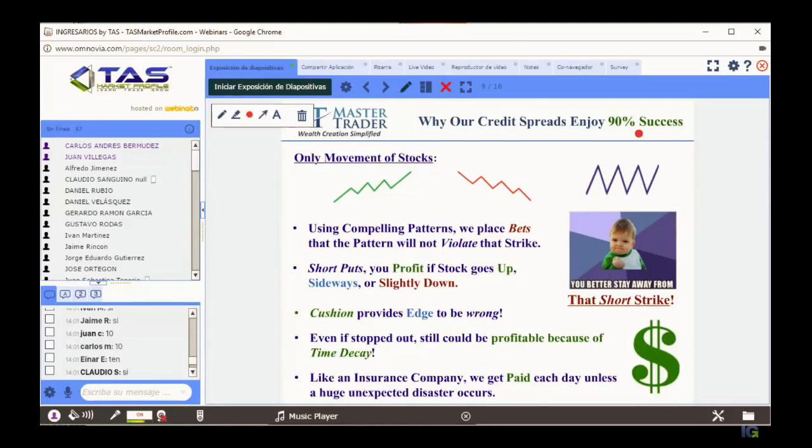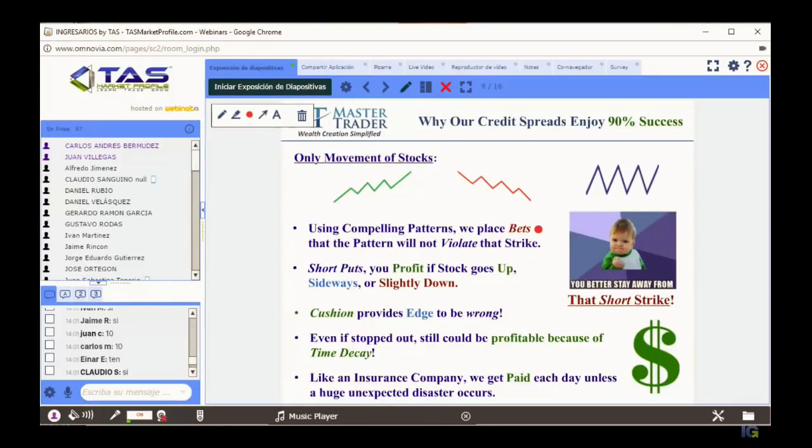Stocks can only go up, down, or sideways, as we've discussed. So when we find a compelling pattern that shows a bottom or top or short-term turn, we are placing a bet, so to speak, that the pattern will not go through that resistance or support level.